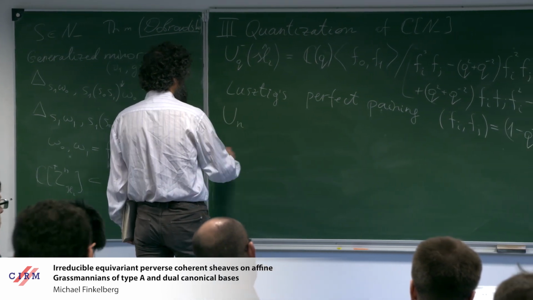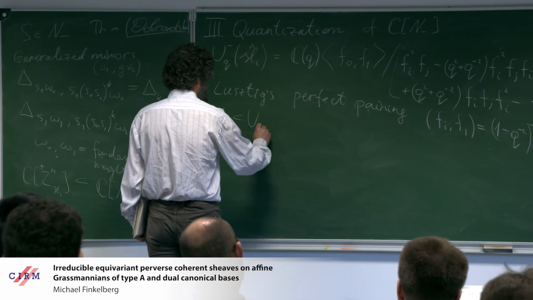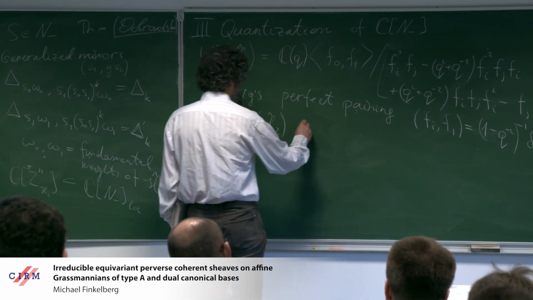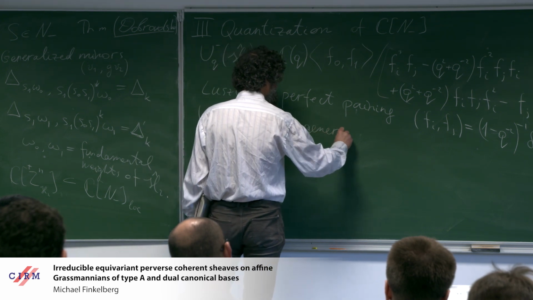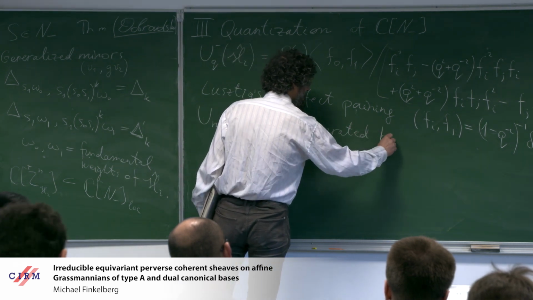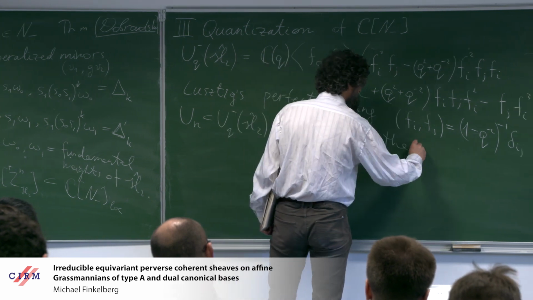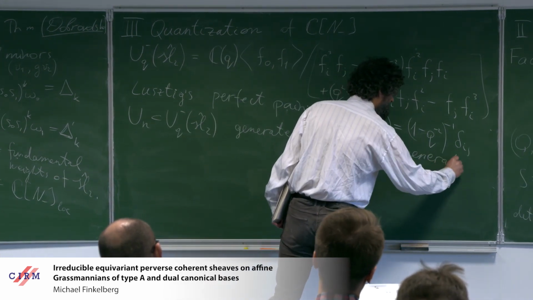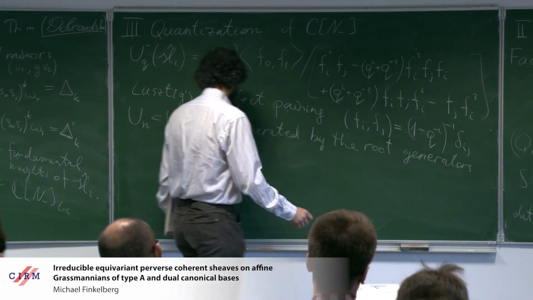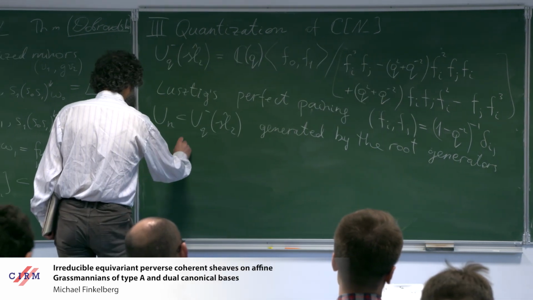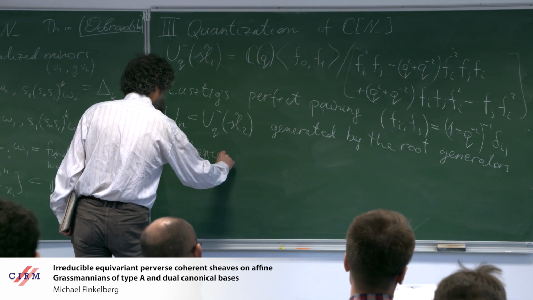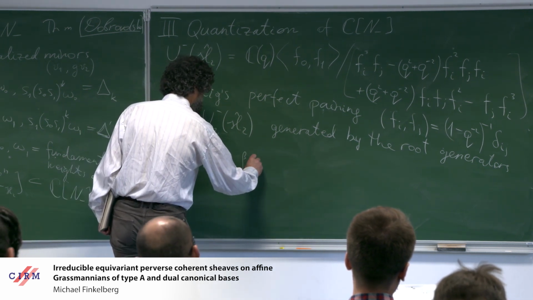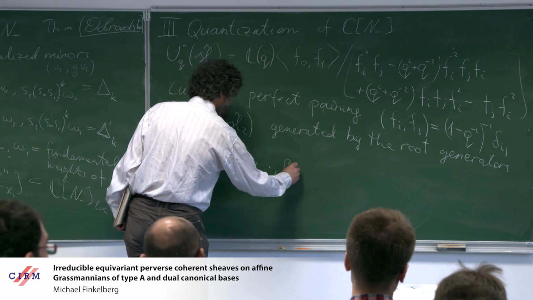So U_N will be generated by the root generators in degrees, well, beta 1 and so on, beta 2n.